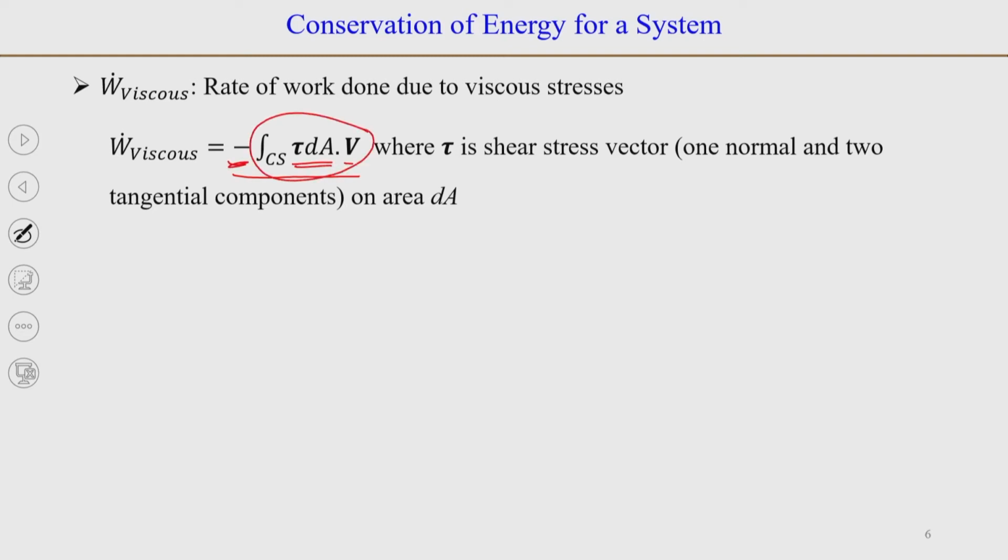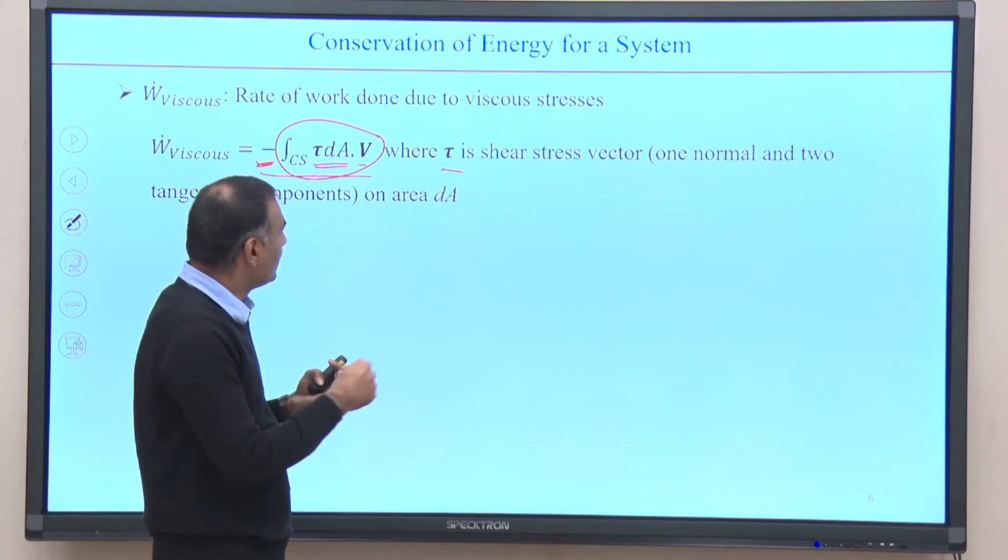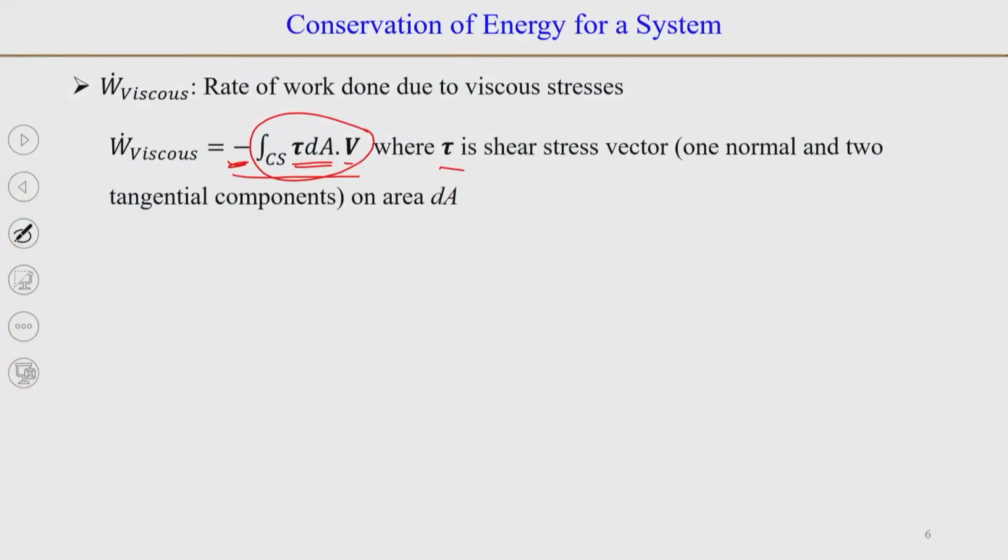This term is because of the work done due to the viscous stresses on the control volume. If we want to write the work done by the control volume, it will be with a negative sign. Here tau is the shear stress vector. Remember that we are talking about a particular surface dA, where we will have 3 components of stress.